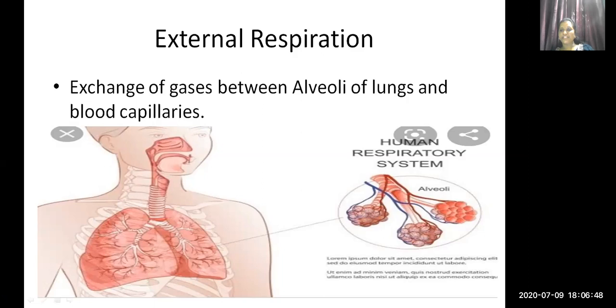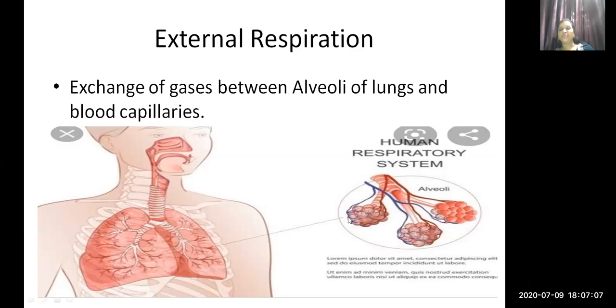When that fresh oxygenated air reaches the alveoli, the blood capillaries contain deoxygenated blood with a large amount of carbon dioxide, so the exchange takes place.